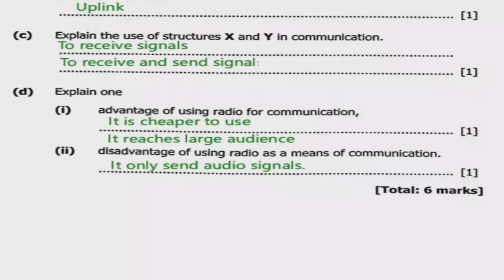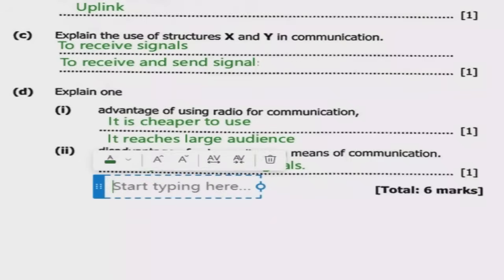Then they want you to write one disadvantage. Let me give you an extra one. The other one is it's one-way transmission. So radio signal only sends one way of transmission. The person who is in the radio studio will be saying things that people will be hearing. What you say they cannot hear unless other means of transmission is engaged, like a cell phone, where you call using a cell phone.